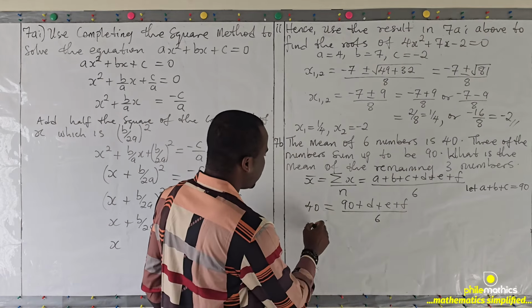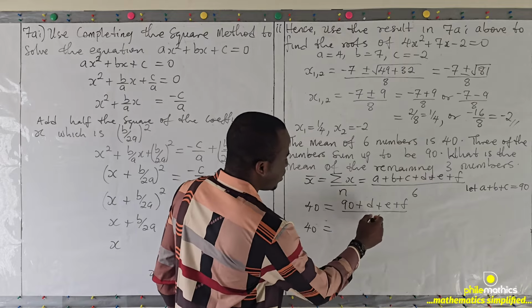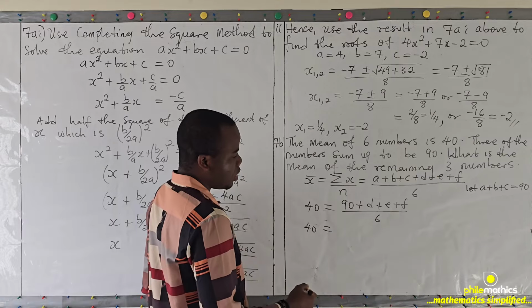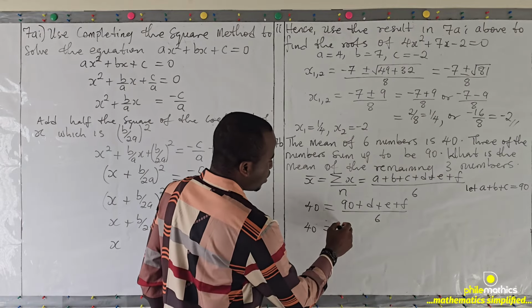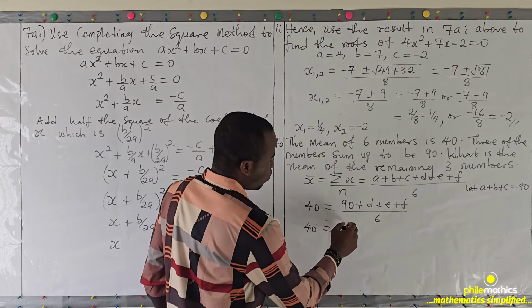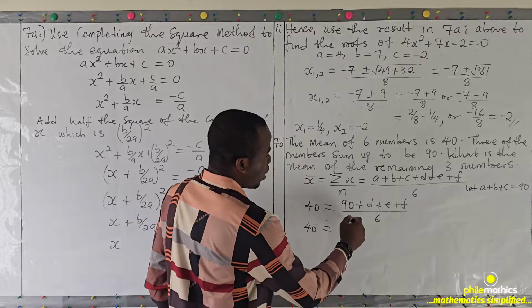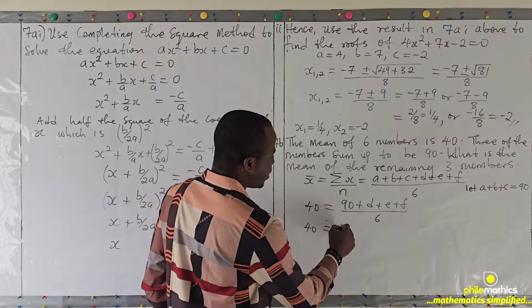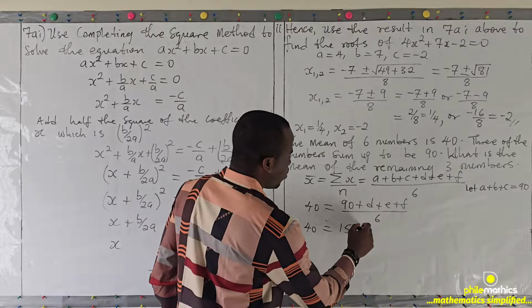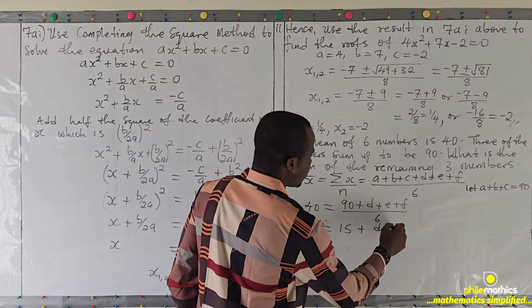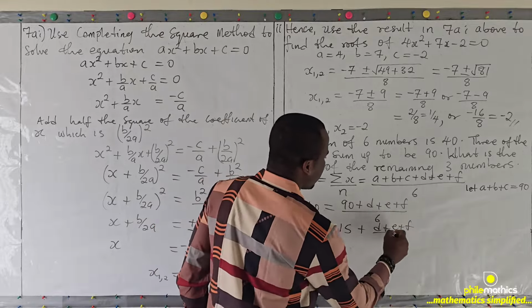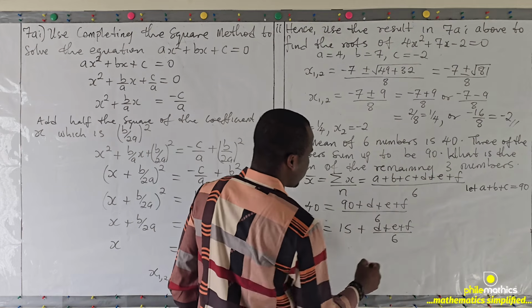I have 40, 90 divided by 6 is 15, plus D plus E plus F over 6.